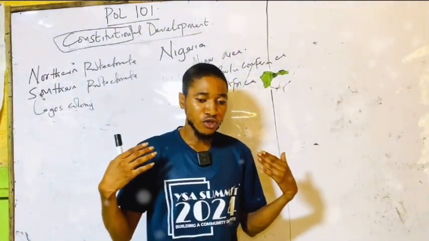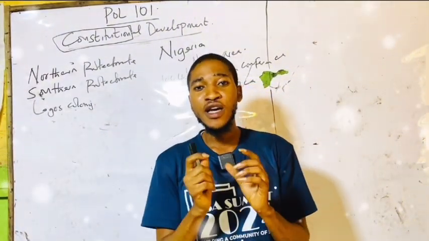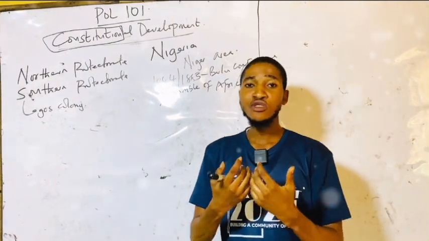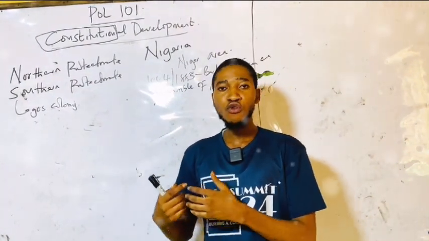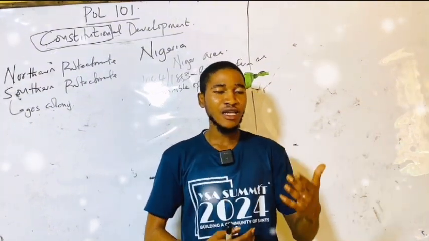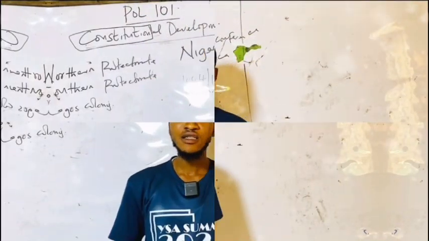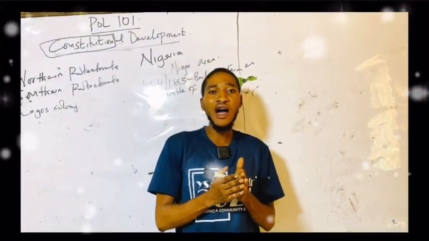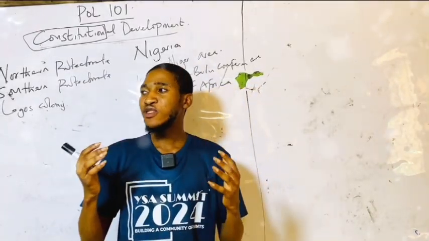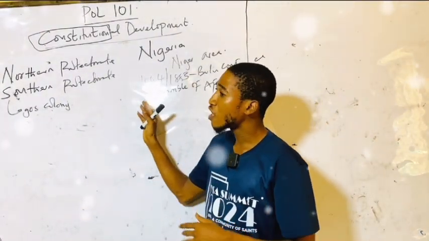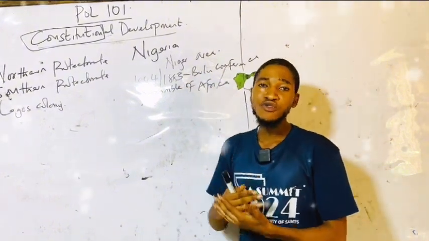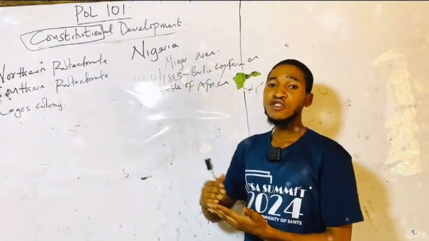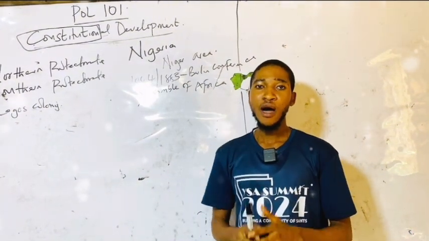Because if you also notice, the first European power to come to Nigeria was Portugal, and they named Lagos. There were also some other instances like where Netherlands and Belgium were fighting over Congo. It means that there was a conference held in 1885 in order to share African countries among world powers.